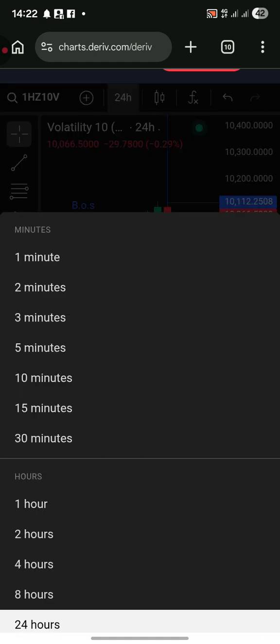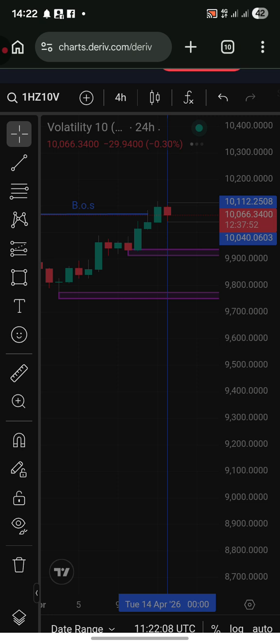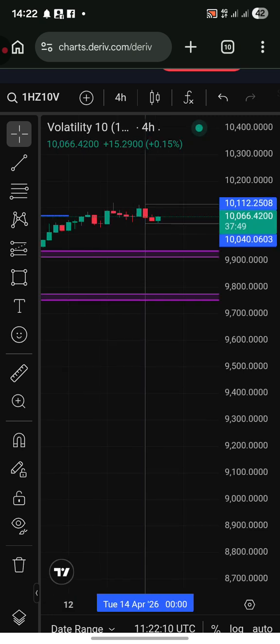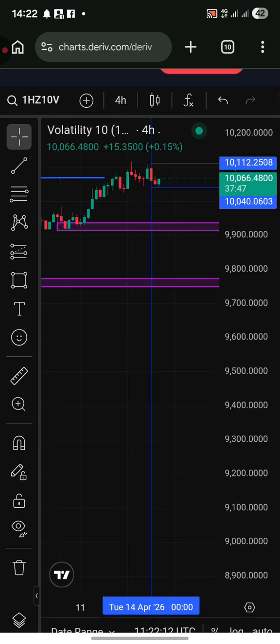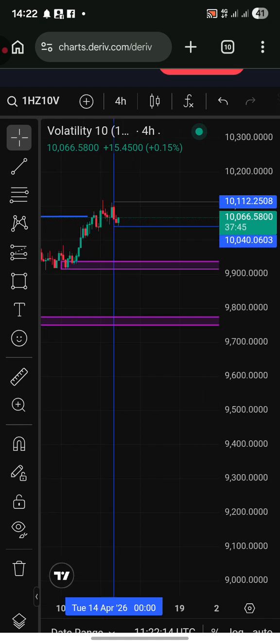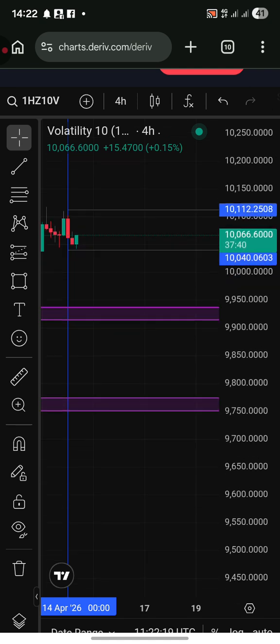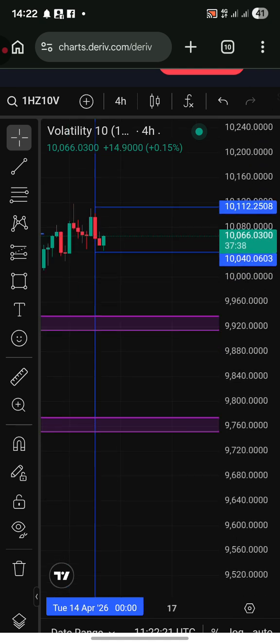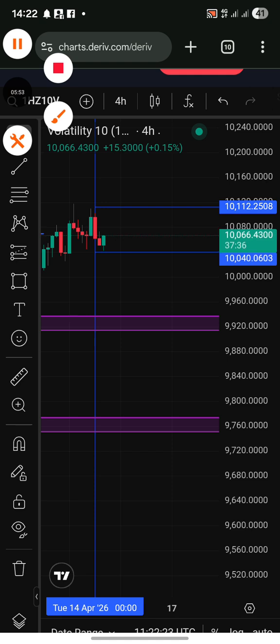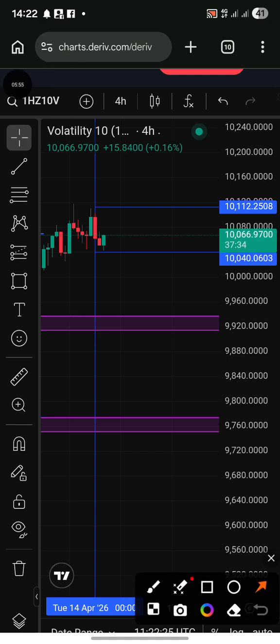So we go downward to at least a 4 hour time frame. If you can see here, this is our higher high of the market. This is the opening day of the market. This one, let me show you. This one is the opening day of the market.